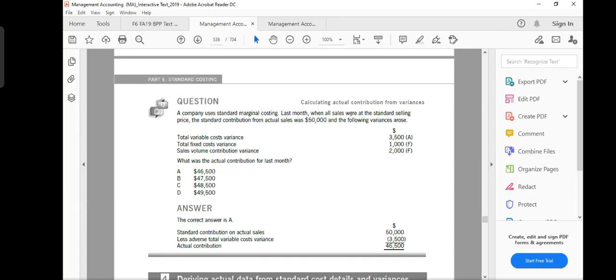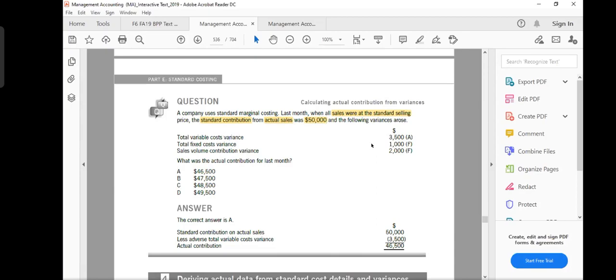Last month, when all sales were at the standard selling price, which means that actual selling price and standard selling price are the same, the standard contribution from actual sales, which means your budgeted profit per unit but actual sales units, was $50,000, and the following variances arose.